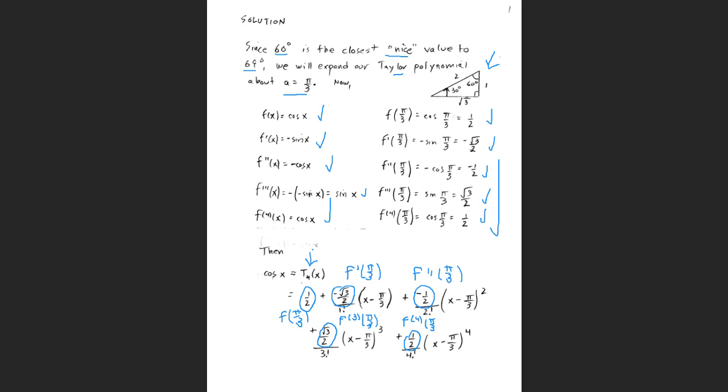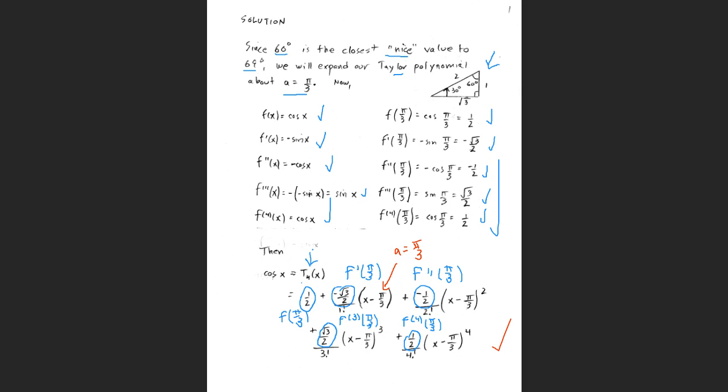So we're just using the Taylor polynomial formula. That's all we're doing. And of course, a was equal to pi over 3. So this is a polynomial, and it's a fourth degree polynomial because the highest term is x minus pi over 3 to the fourth power.